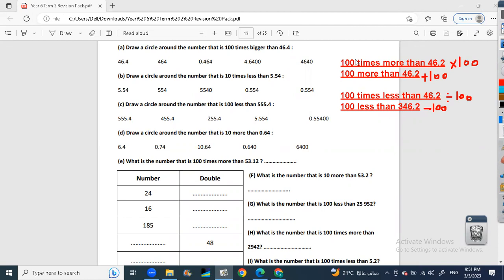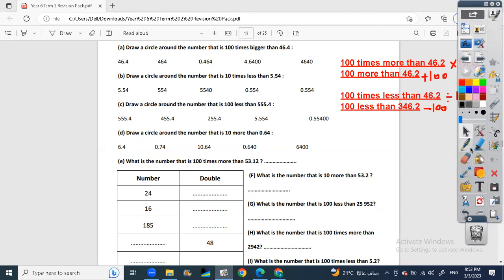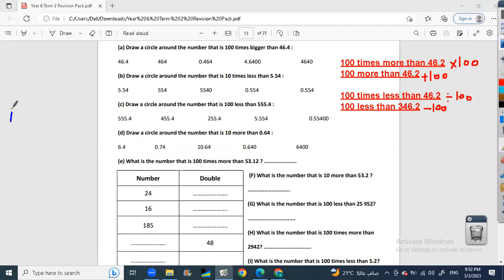If I say to you 100 times more than 46.2, it means here that I am multiplying 46.2 by 100. So if you want to multiply by 100, we use the lesson that we learned before, which is Mr. Del. Mr. Del: multiplication, move the decimal to the right.